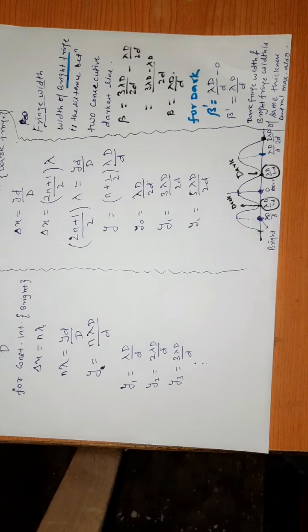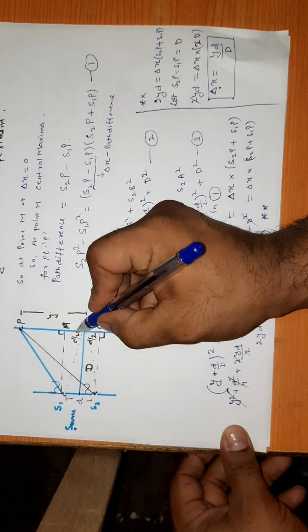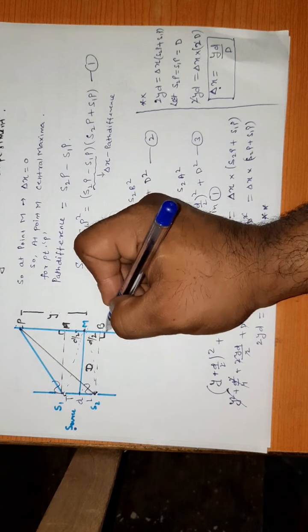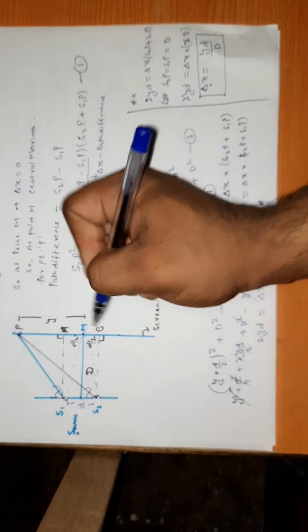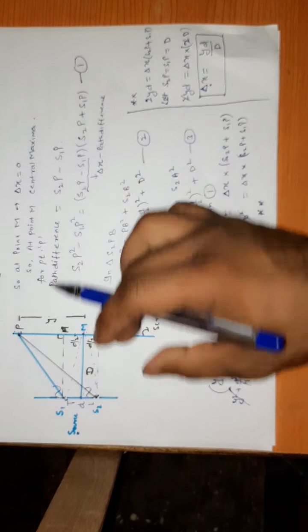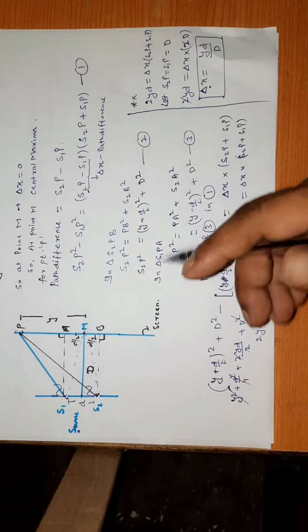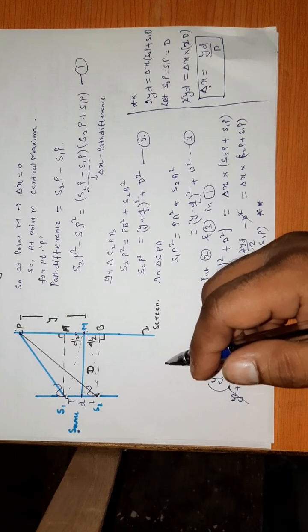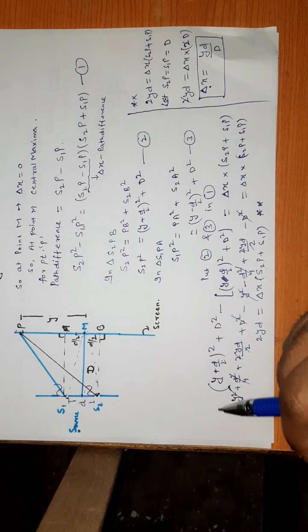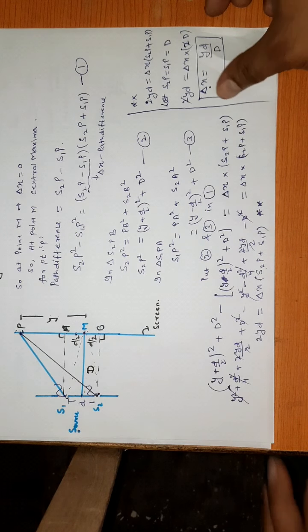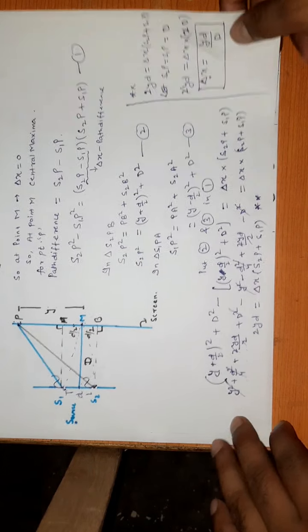So what we have seen on the screen: if this is central maxima, then the first one is bright, then again here is dark, here is dark, here is bright, then again here is bright, and their width will remain the same. So this proves the wave nature of light, that dark and bright fringes occur consecutively. How dark is formed we have studied earlier: crest and trough combine, and for bright, crest and crest combine. In this way, Young's double slit has proved the wave nature of light.